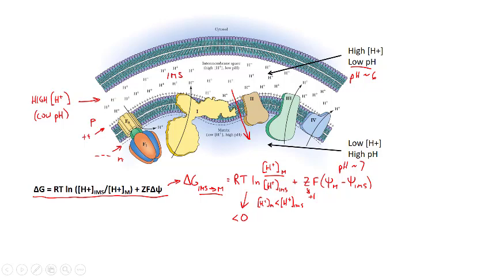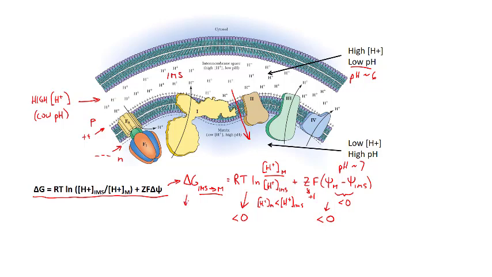So where that terminology comes from is positive and negative. The matrix is at a very negative electrical potential compared to the intermembrane space. In other words, the matrix has an excess of negative ions in it compared to the intermembrane space. So this term is negative. And a negative times a positive means that the second term is also negative.